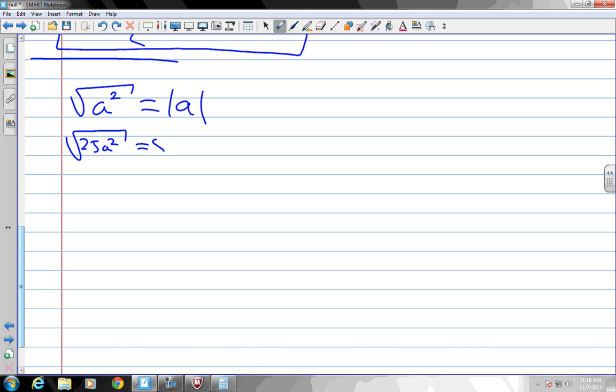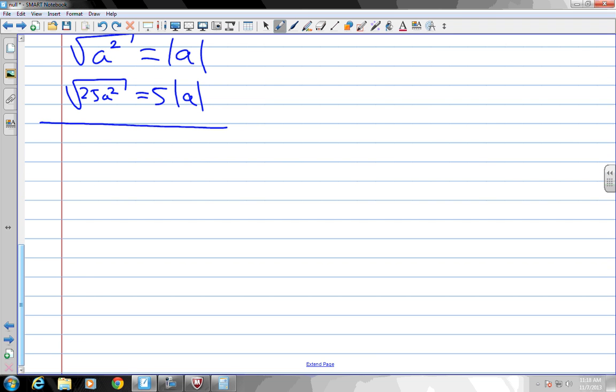You will have to write 5 times the absolute value of a. That will guarantee that the answer comes out positive. Now we're going to start getting a little messy. And that works for all even radicals. With odd radicals, anything goes.